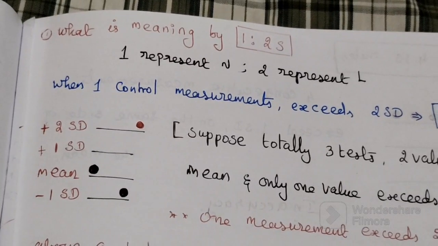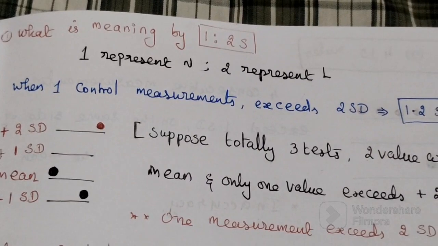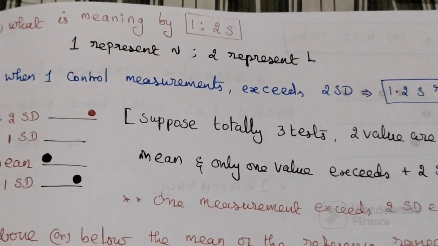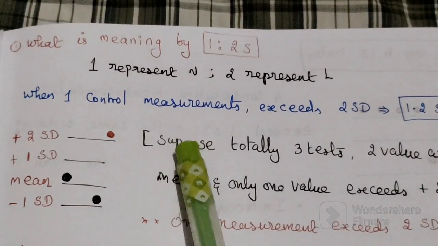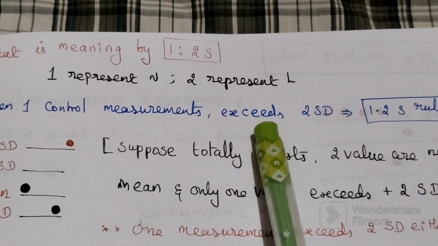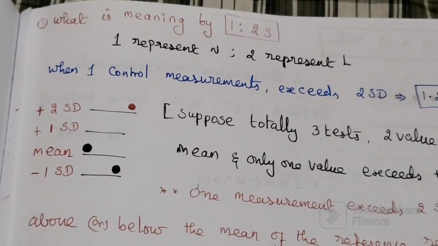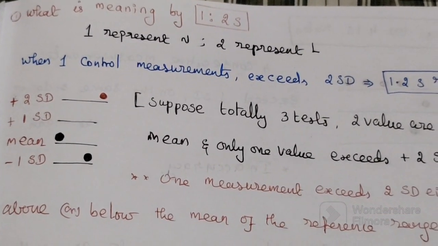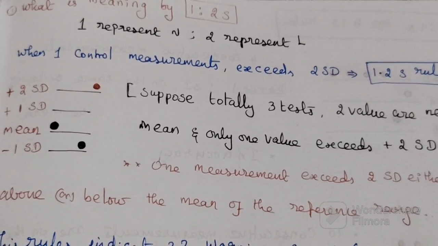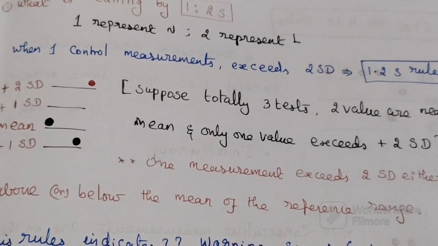N is the number of control measurements. In the 1-2s rule, the first number is the number of control measurements, and 2s means the limit exceeded. When one control measurement exceeds 2 standard deviations, it is called the 1-2s rule. So this is how the Westgard rules nomenclature is done.